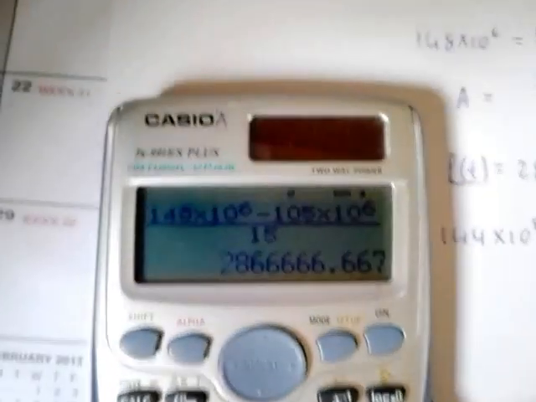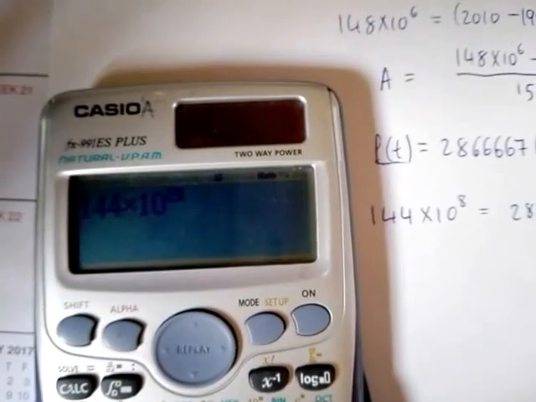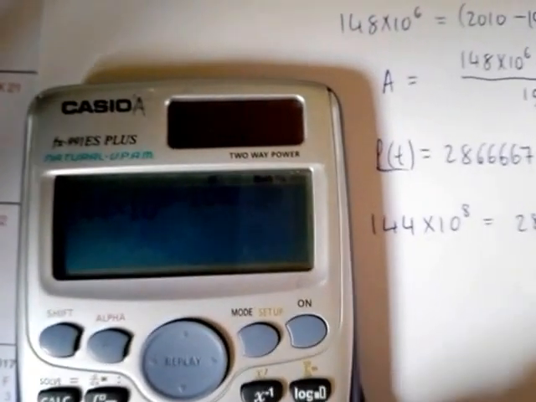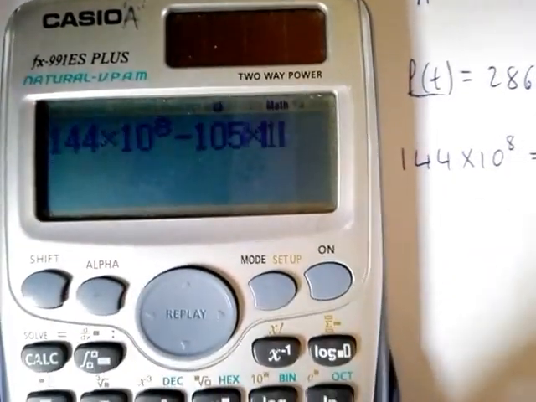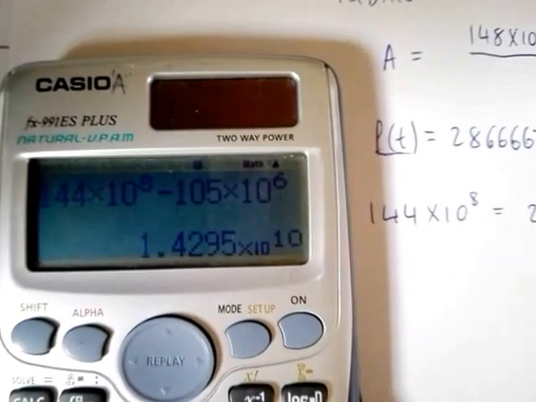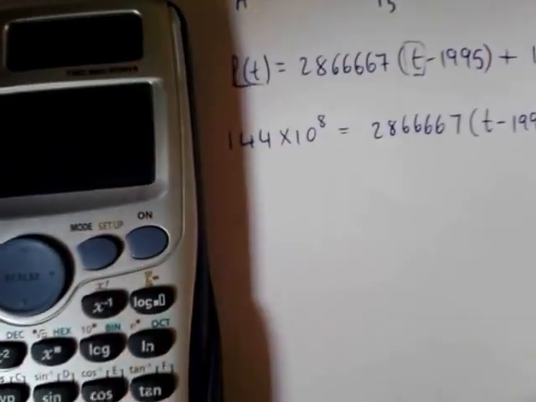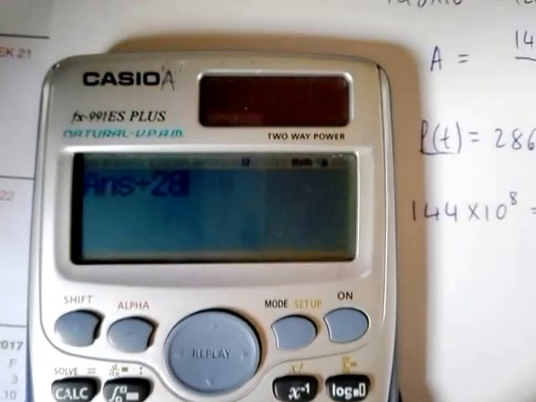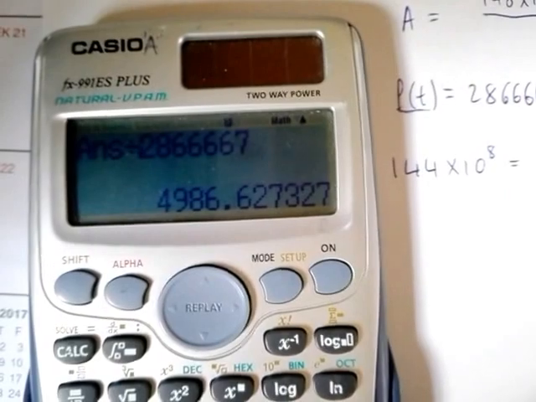Okay, so go to the calculator. We have 144 times 10 to the power of 8 minus, divided by that, and plus 9.